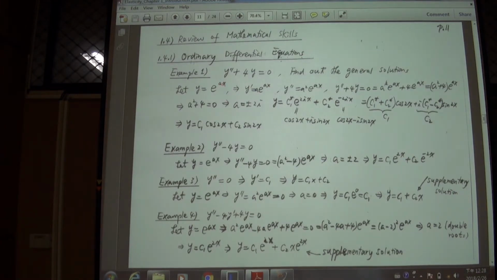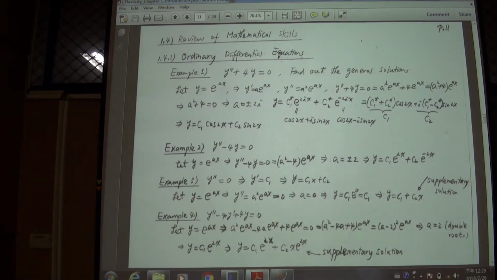Then we use the principle of linear superposition to add these two particular solutions together. The first solution is e^(2ix), with a equal to 2i. The second solution is e^(-2ix), with a equal to minus 2i.